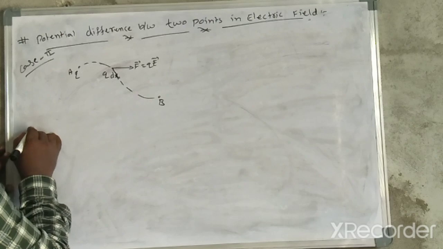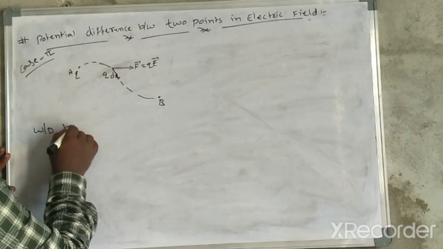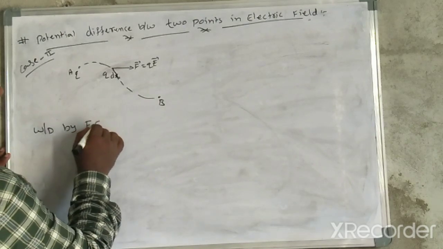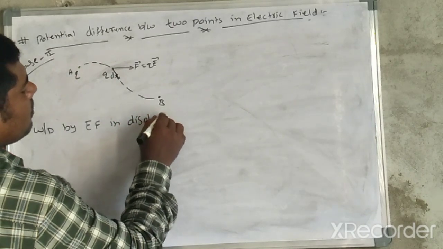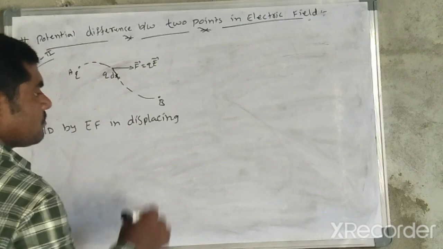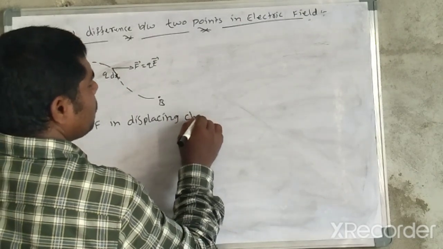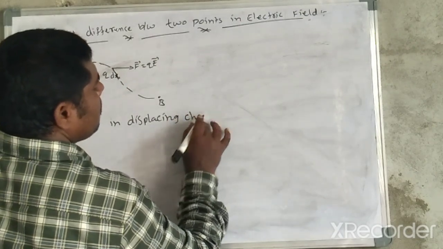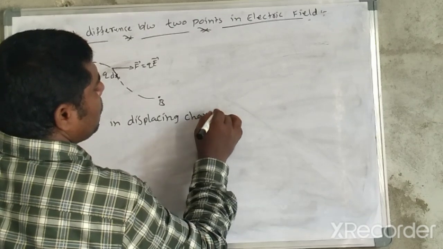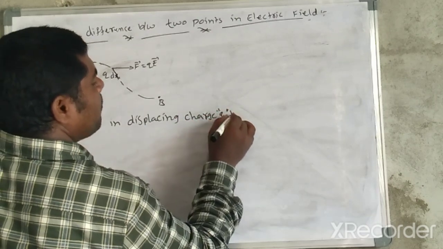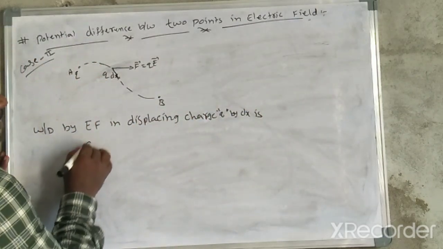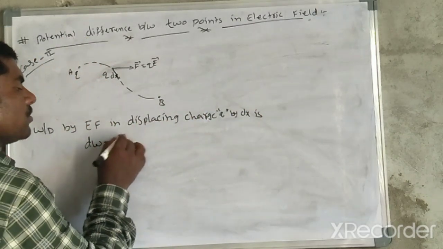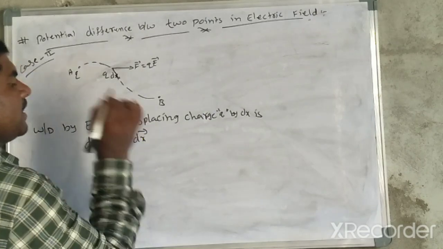Work done by the electric field in displacing charge q by dx is dW, equal to force into displacement dx.